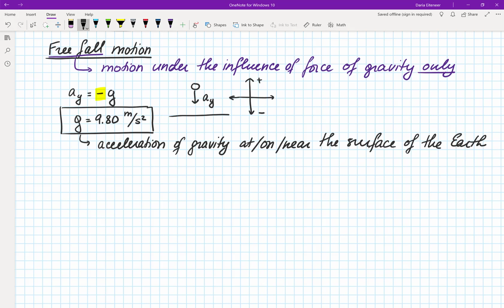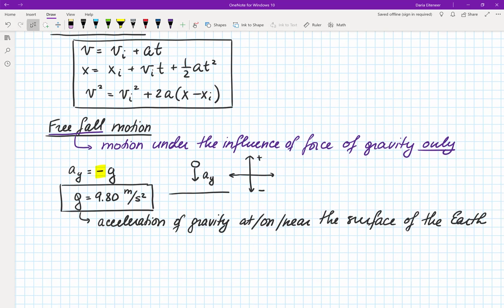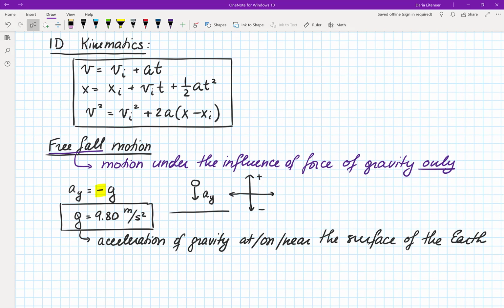So it's a constant, right? It's a value of acceleration for a specific kind of situation. But remember that these equations here, the three on top, are general one-dimensional kinematics equations. So we can take those equations and adjust them a little bit to be more suitable for a free fall situation.